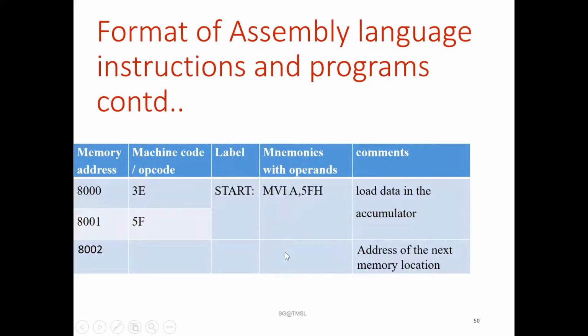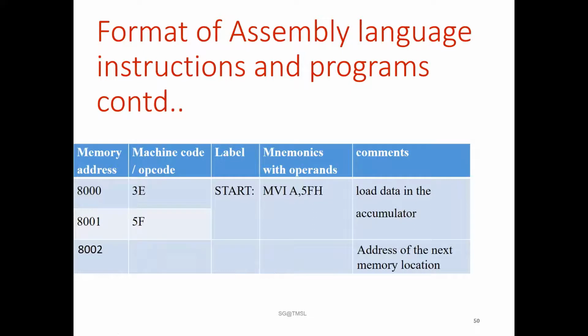So what will be the next instruction address? 8002. Here you can write a new instruction. If it is a 1-byte instruction, it needs only 1 memory location. If it is a 2-byte instruction, it needs 2 consecutive memory locations. If it is a 3-byte instruction, then 3 consecutive memory locations are required. As per the instruction size, the next instruction address will be calculated.